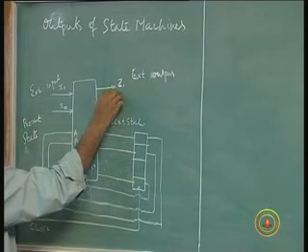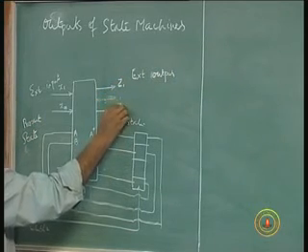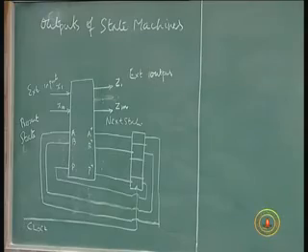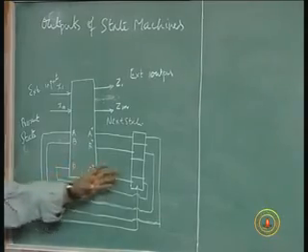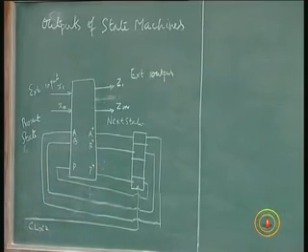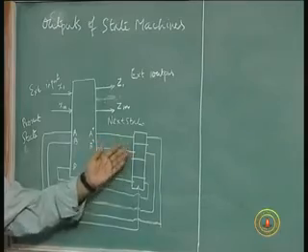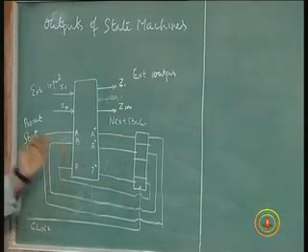Call them Z1, Z2, Zm maybe. M outputs, N inputs, P state variables, which are present state and next state. We need P flip-flops in order to store the present state information and next state information, and feed it back as the present state for the next clock period.